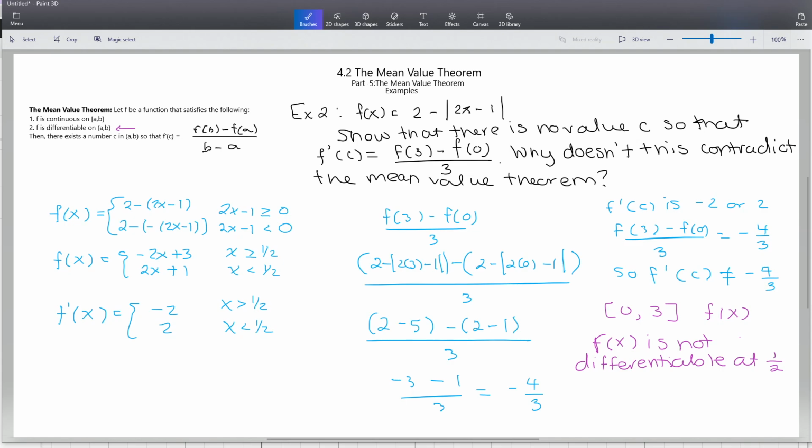What that means is it's not differentiable on the interval 0 to 3. So it doesn't meet that second condition. The theorem does not apply.